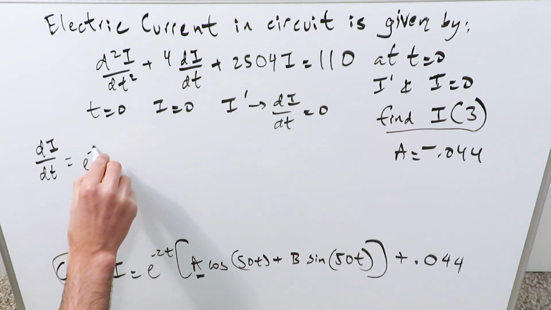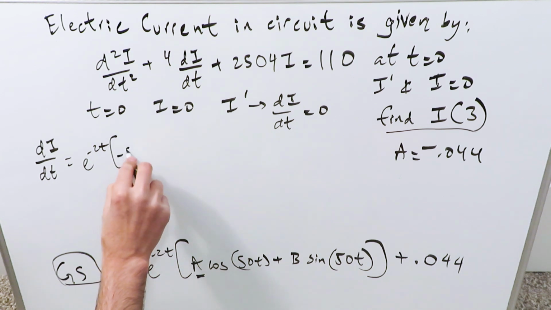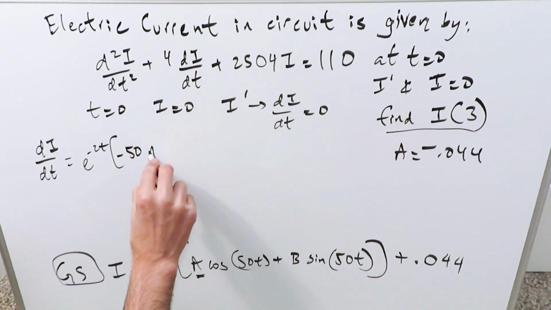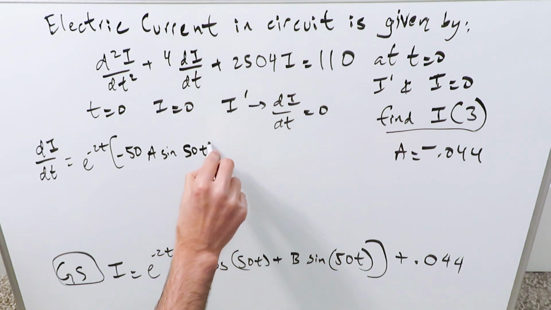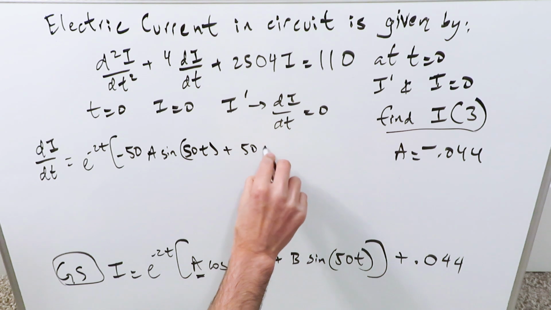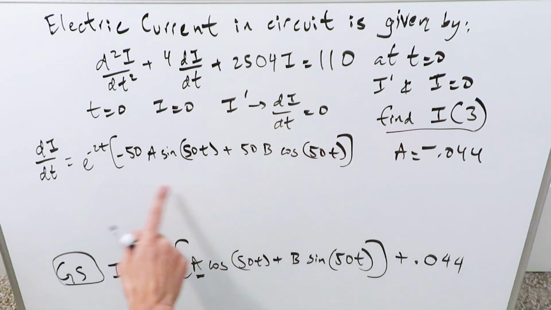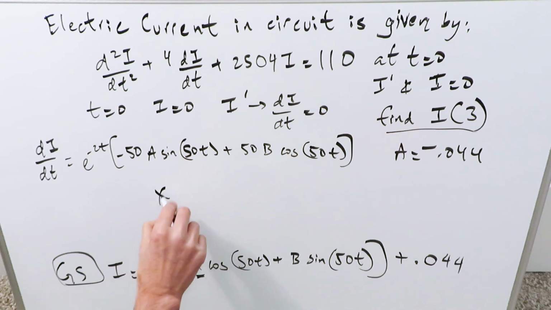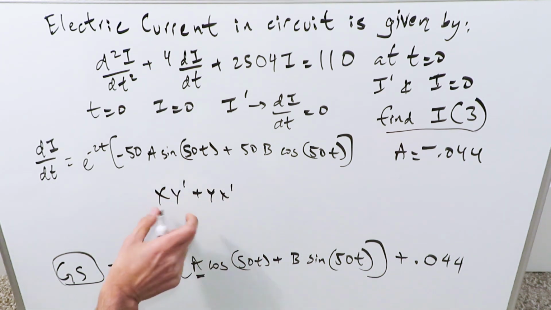You'll do e exponent minus 2t times the derivative of this, which will be what? Minus 50a sine. You will be using the chain rule over here, but you can run this through your head. 50t plus the derivative over here, you'll have 50b cosine 50t. This right here is my first part of the product rule, because you know the product rule is always xy prime plus yx prime.